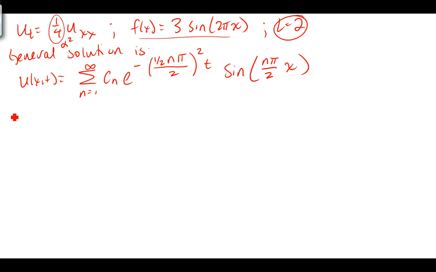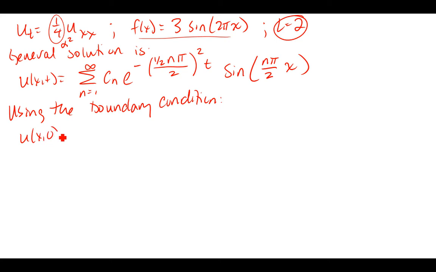So using the boundary condition, we get that at time 0, this has to be 3 sine of 2 pi x. And what do I get when I plug in 0 for t? Well, of course, that becomes 0, and the e term just turns into 1.